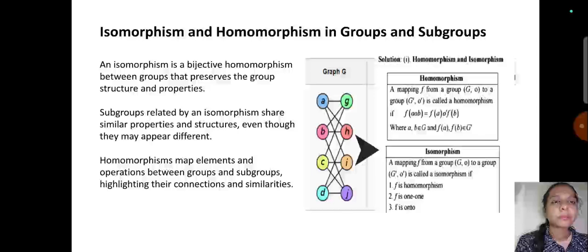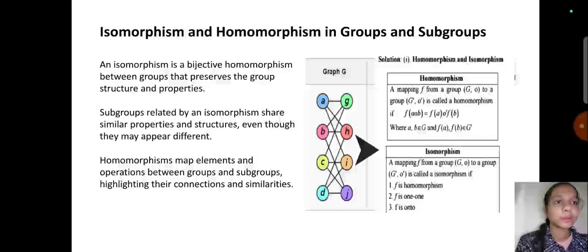Homomorphisms map elements and operations between groups and subgroups, highlighting their connections and similarities. And you can see the graph G shown below. And solution for homomorphism and isomorphism.